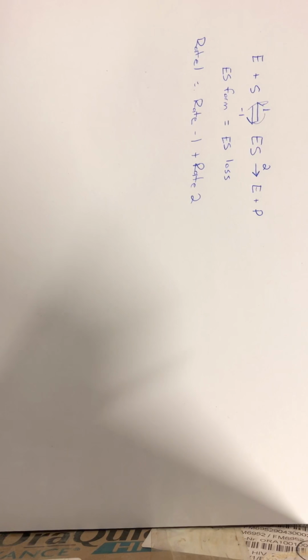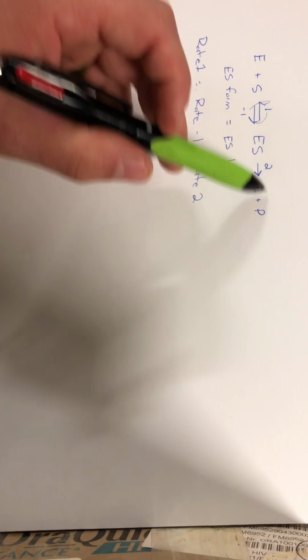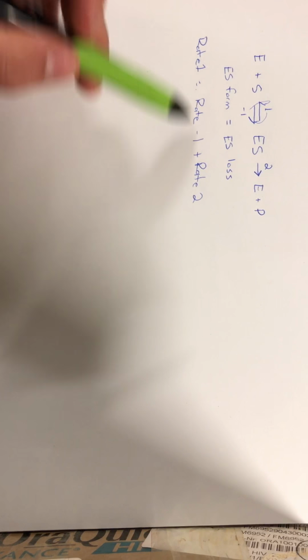Alright, and then this is where we're going to swap out some terms here. We can swap out our rate values for our rate constants times their reactants, and we're just going to plug these in for these values here.